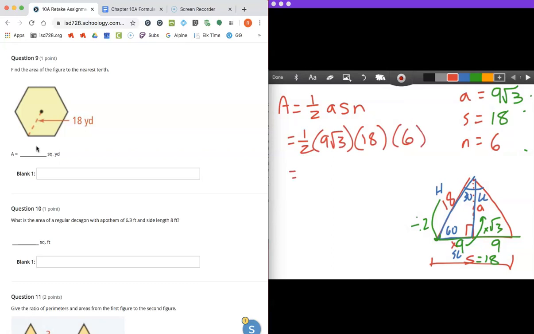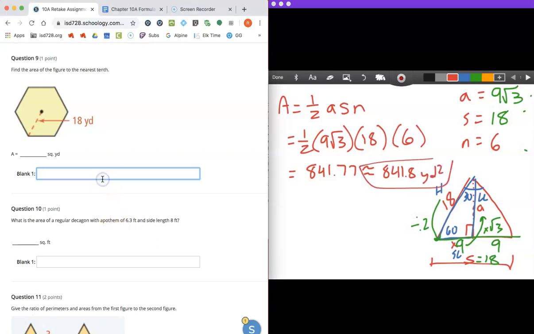This said to the nearest tenth, so we would just go to the calculator. If you plug all that in, we get 841.77. That's going to round up to 841.8 square yards. So that would be our answer for that one.